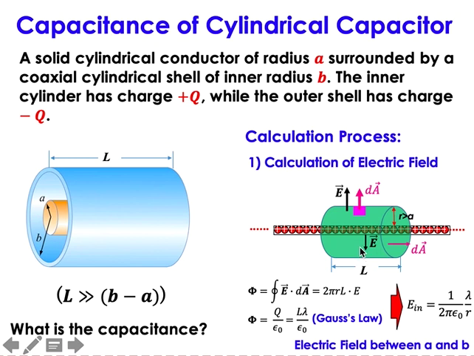We have studied this example in the second lecture. The electric field only points outward, only points to this Gaussian cylinder surface. The electric field cannot point along this charged line.